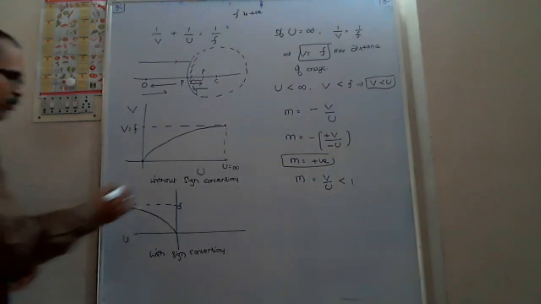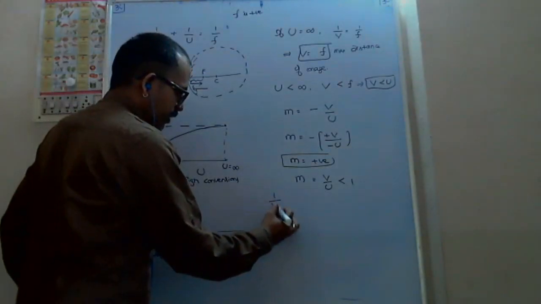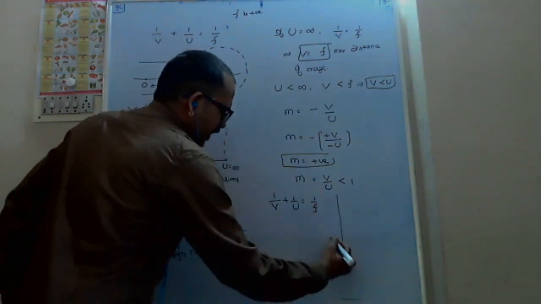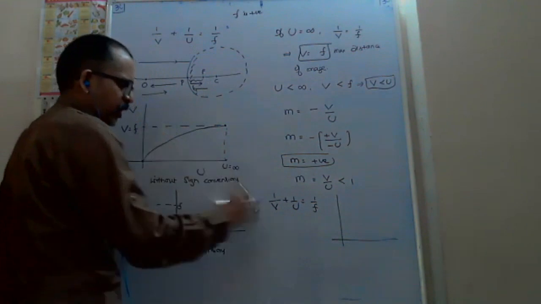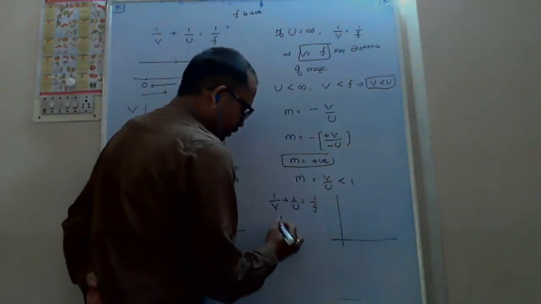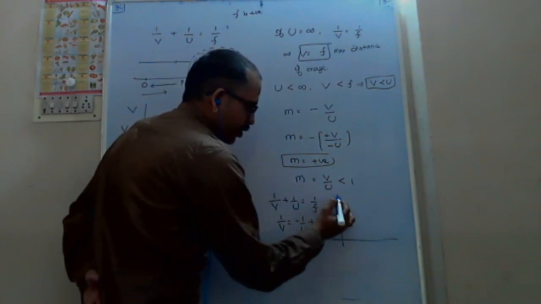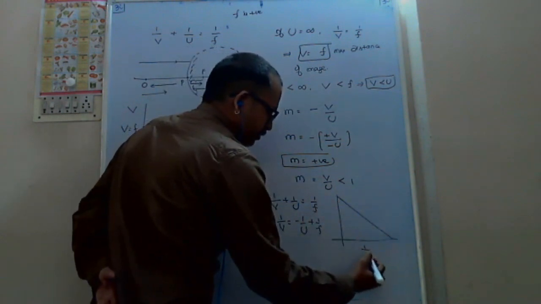For the graph of 1 by V against 1 by U, without sign conventions 1 by V plus 1 by U equals 1 by F, which is like the minus mx plus c model, so you get a straight line like this.